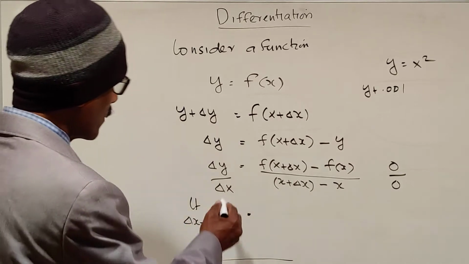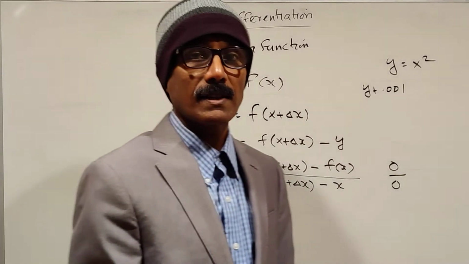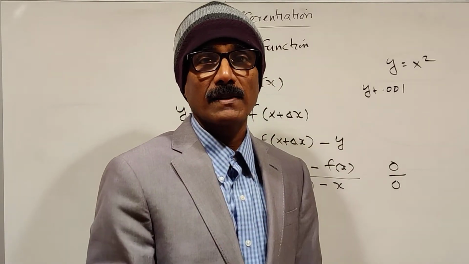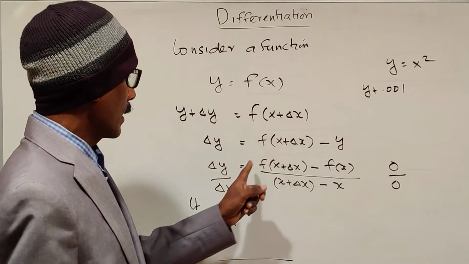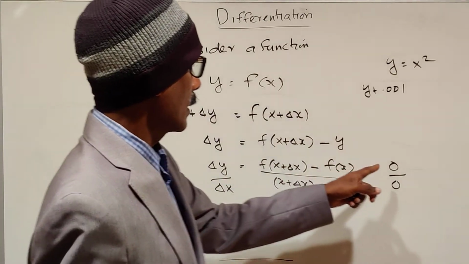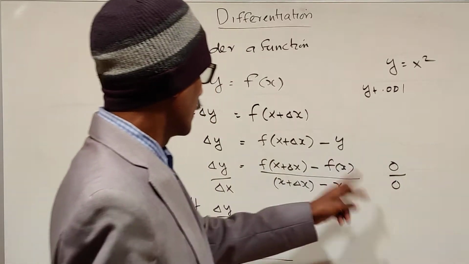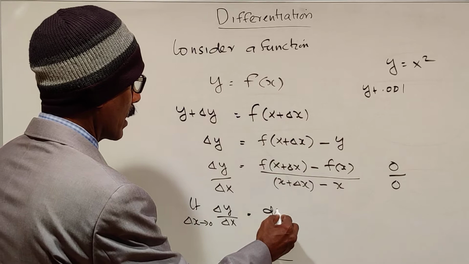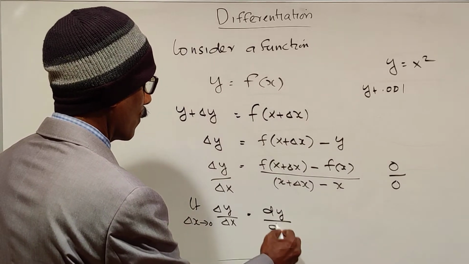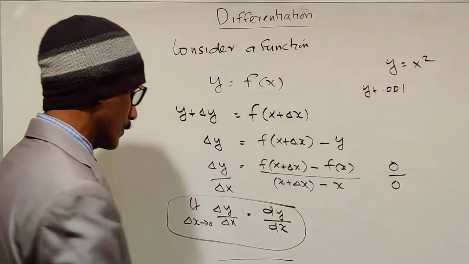So there is a limit value for this delta y by delta x. We know that, in the last 9 days we learned the limits. When the value of the function becomes 0 by 0, that is indeterminate form, there is a limit value for this function, that is dy by dx. That is the derivative of y with respect to x. That is the definition of derivative.